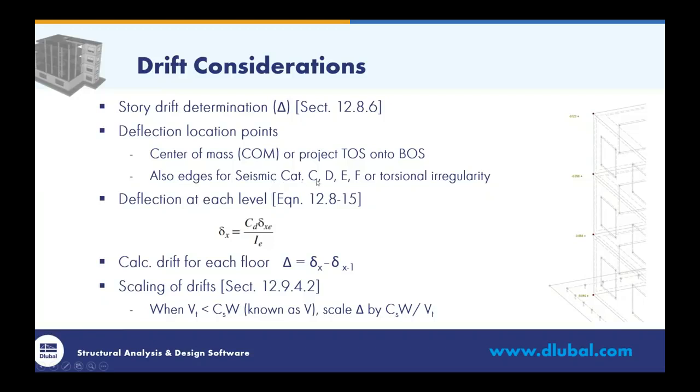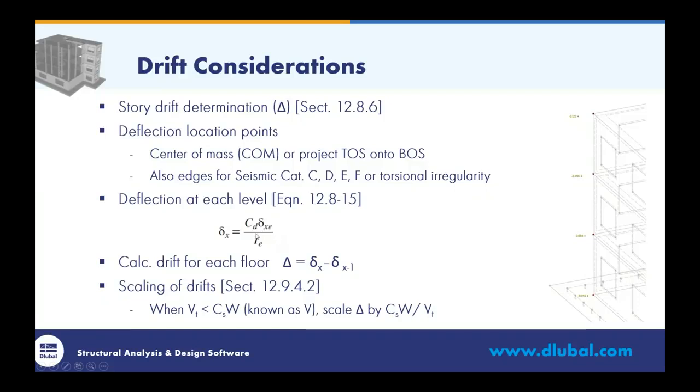Now for seismic design category C through F, or if we have torsional irregularity, the standard tells us that we must also consider edges. Well, this is fairly easy to determine within RFEM, which I'll show you guys in just a minute. But just keep in mind that deflection is not purely the information that we pull from the program, but rather it comes from equation 12.8-15, where we multiply this deflection times the deflection amplification factor C sub d, and we divide by the importance factor I sub e.